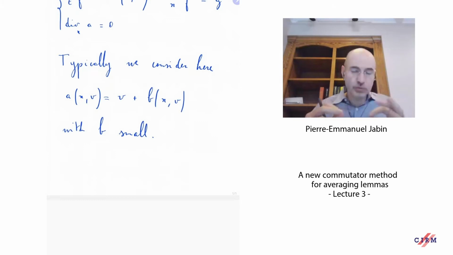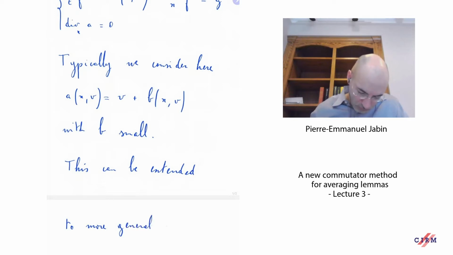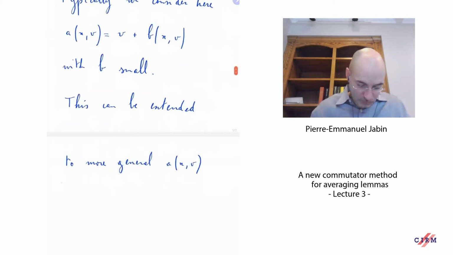It requires a little bit of work, but it's not super complicated to extend that to more general A of X,V such that the gradient in V is nice, right?